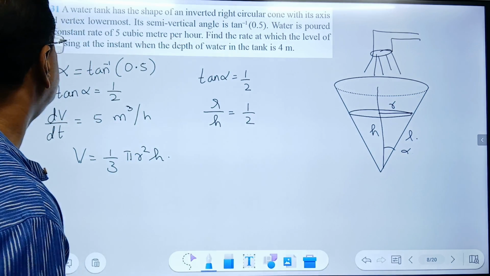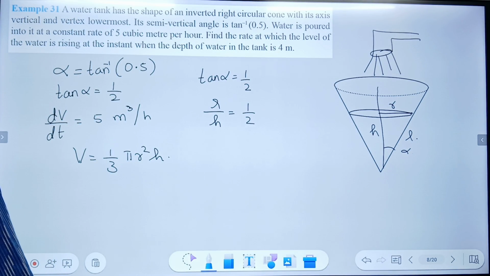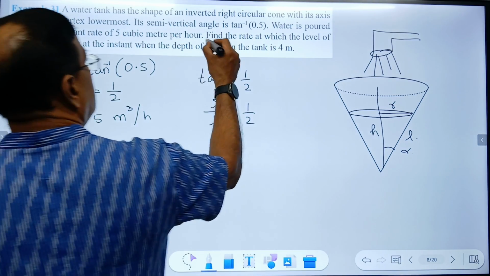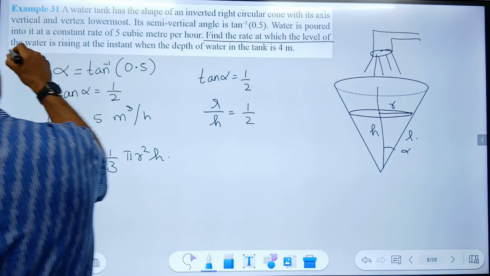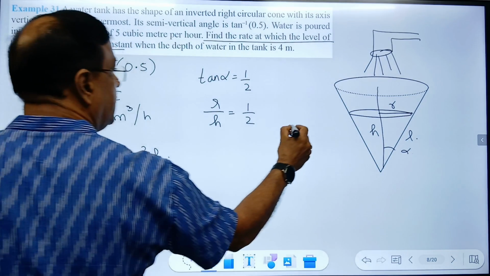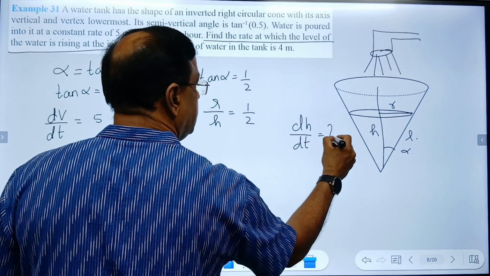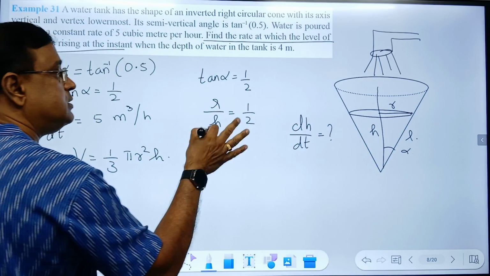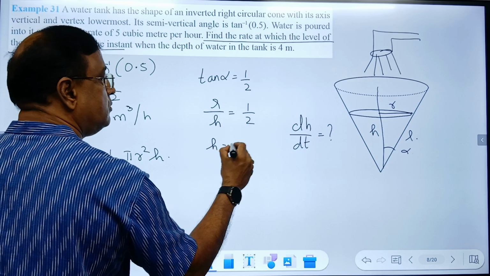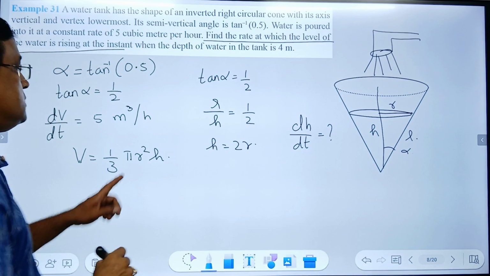Since he's asking me to find the rate at which the level of water is rising, I want to find dH by dt. I am not interested in R. So H is equal to 2R. Substitute here.